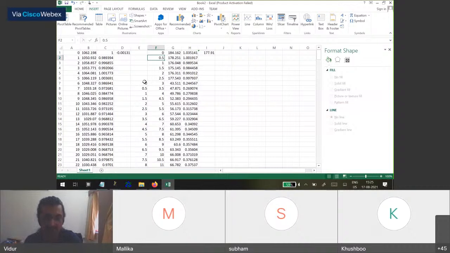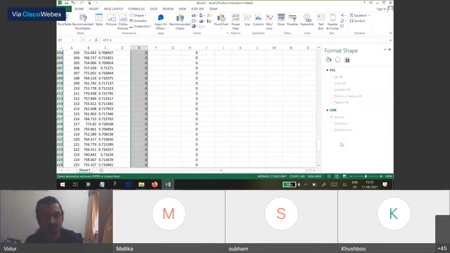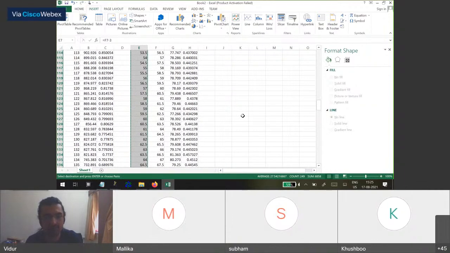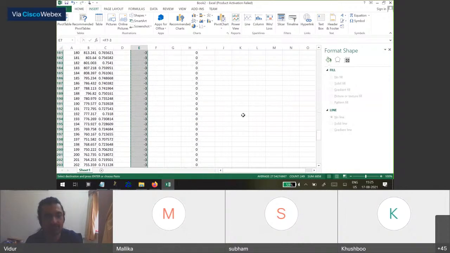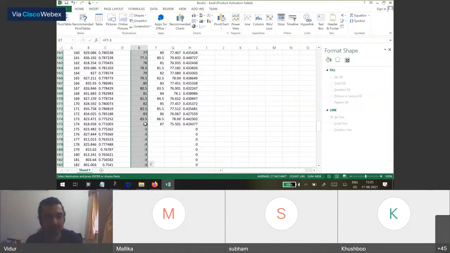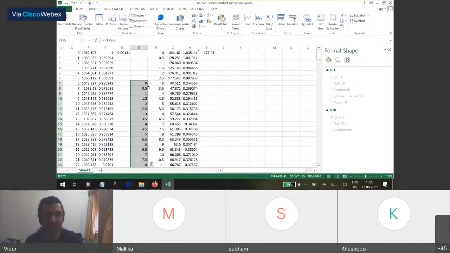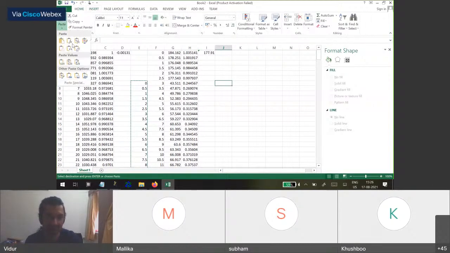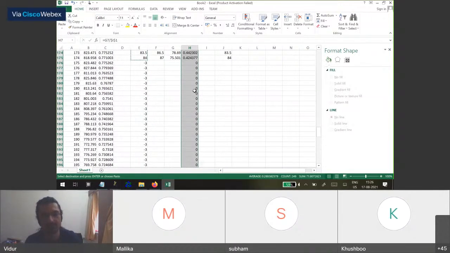Once you have this data set, you just copy paste it in another region. Just copy paste the values. For some reason, zeros also came here.